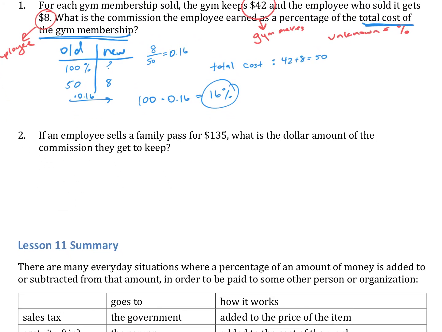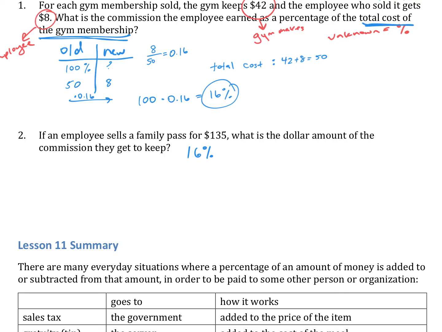Okay, question 2. If an employee sells a family pass for $135, what is the dollar amount of the commission they get to keep? We know that the commission is 16%. Now, if you used 42 in the previous problem, that means you did not use 16%.